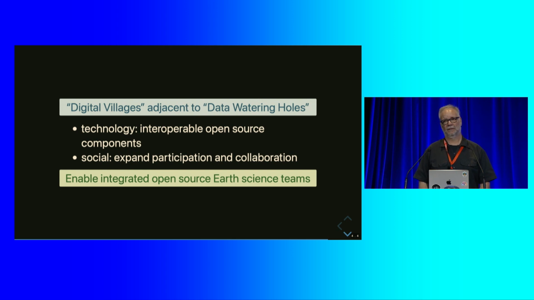And the leadership from Jupyter, I think, is setting the stage for these types of communities to work better together technologically and socially. And so I think we together are helping to enable an integration of open source earth science teams that can create a new cohort, a new future generation that understands the Earth better and may be able to monitor it and manage it and hopefully mitigate the crisis that we face.